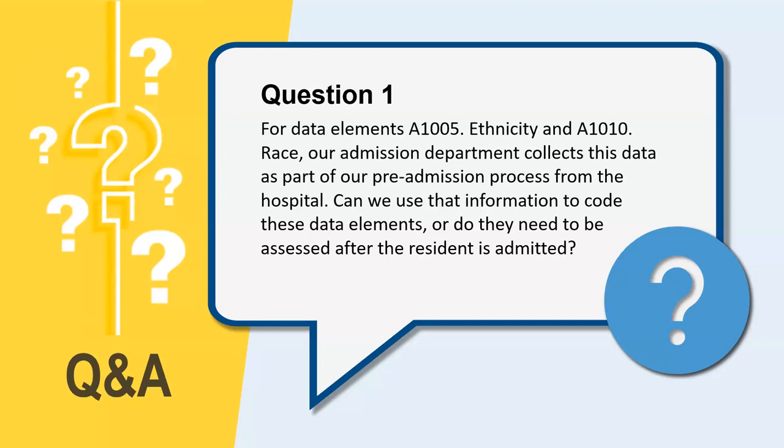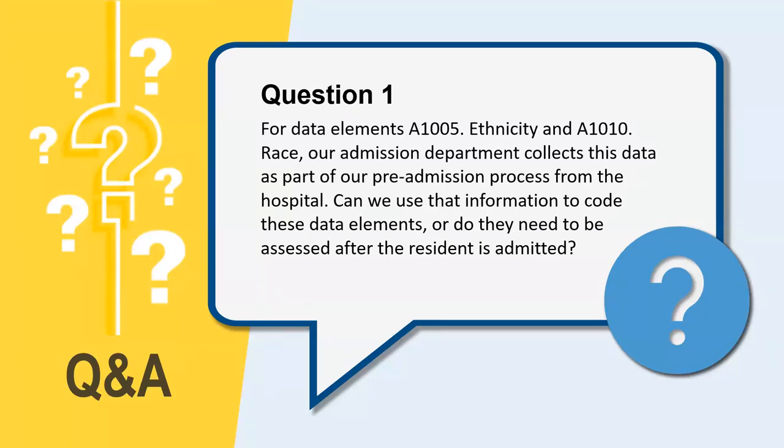Teresa, our first question for you is, for data elements A1005 ethnicity and A1010 race, our admission department collects this data as part of our pre-admission process from the hospital. Can we use that information to code these data elements, or do they need to be assessed after the resident is admitted? Thanks for that question.